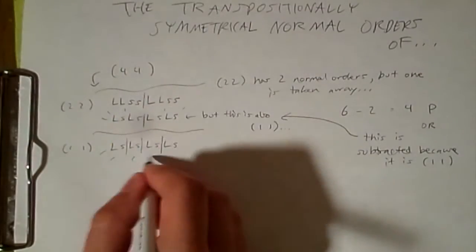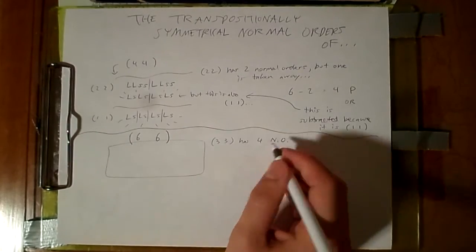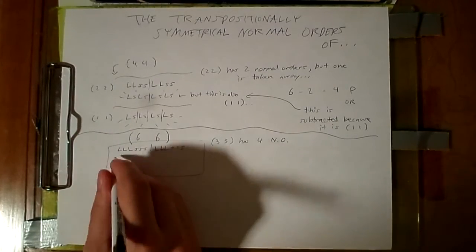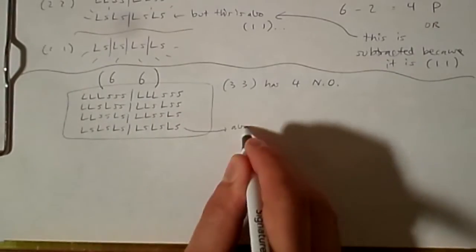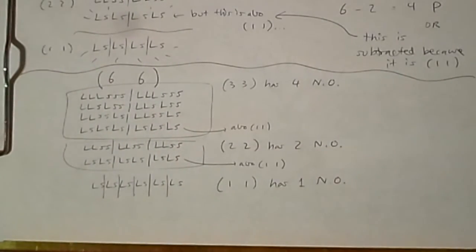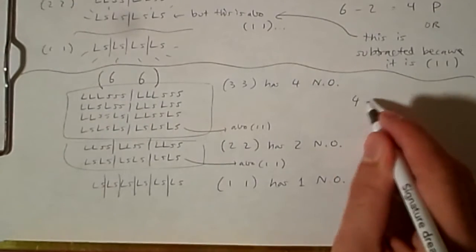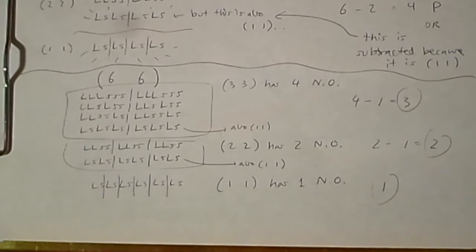The same kind of thing is true for 6-6. We see how the alternating L-S set, also the moment of symmetry, can be divided into 3, into 2, and into 6. And this phenomenon that you see, the multiple appearances of 1-1, is why 1-1 has to be subtracted out multiple times in these sets, because it is a result of so many different divisions, and this would be true for anything where the factors worked out as such.